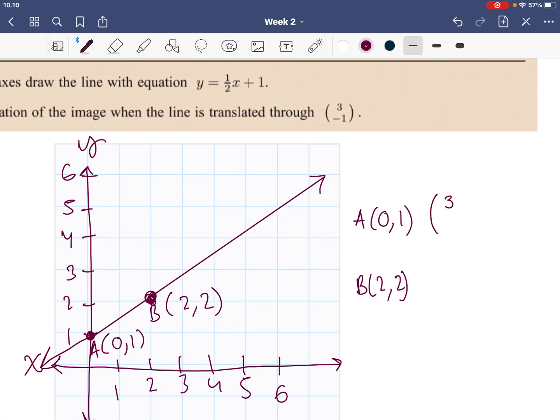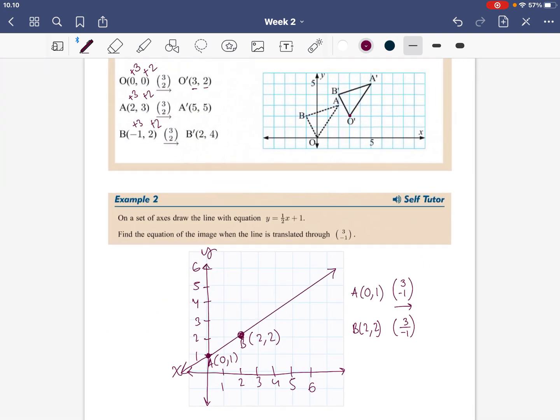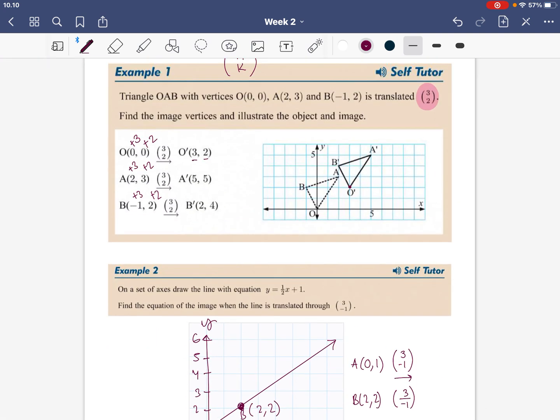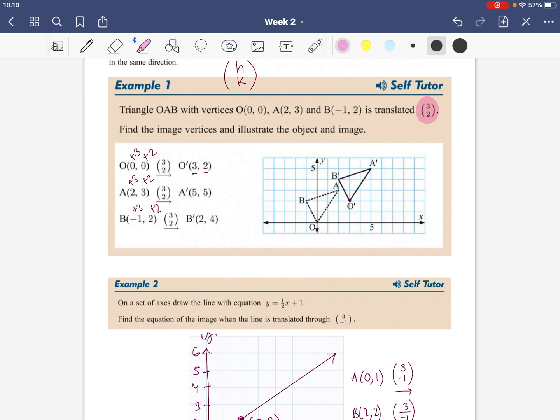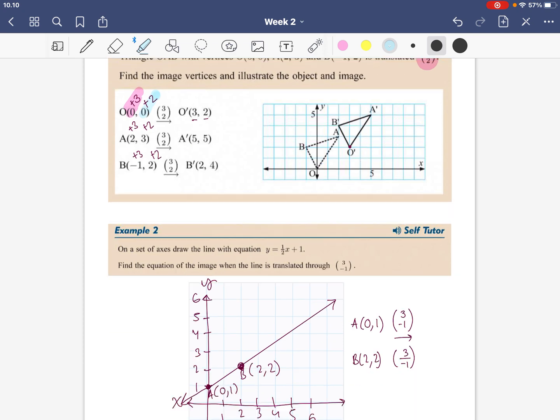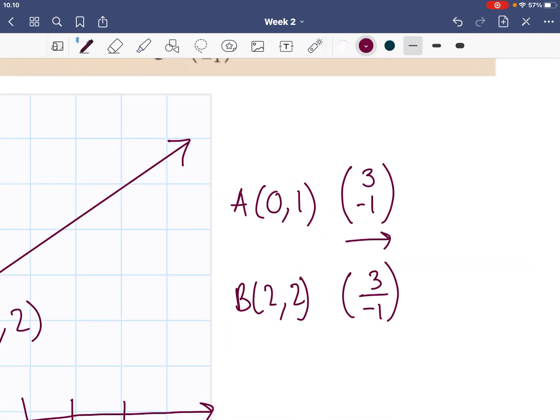Translating through 3, negative 1. Okay, remember, what are we going to do? We're just going to add the h to the x and the k to the y. That's what I'm going to do.